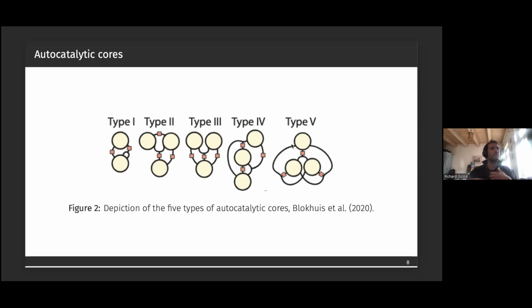Of course, this is in general the case in theory, but in biochemistry, sometimes the activation energy is so high that some reactions are considered irreversible. This is why we consider here a more general case where the reactions can be reversible and irreversible. So there can also be different types of cores than the 5 identified here.